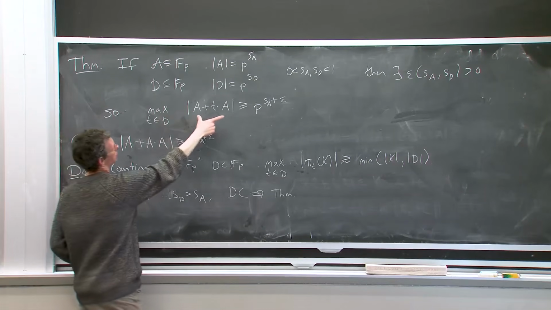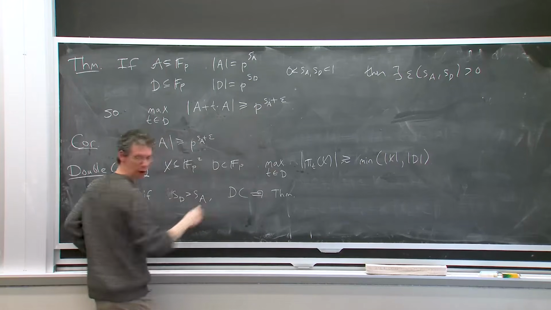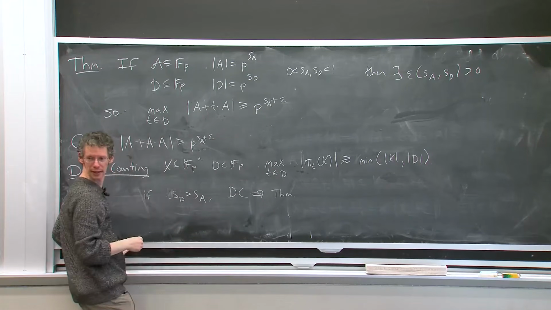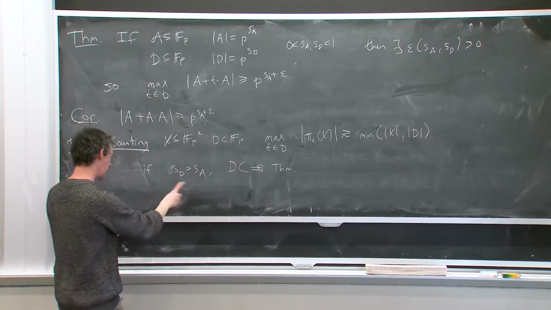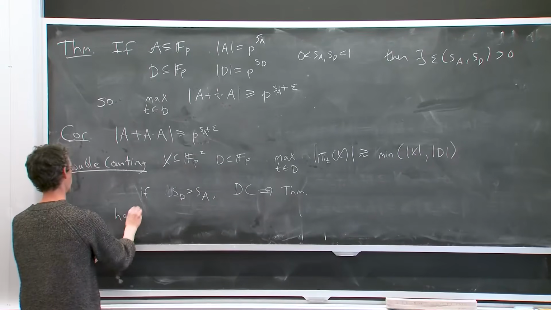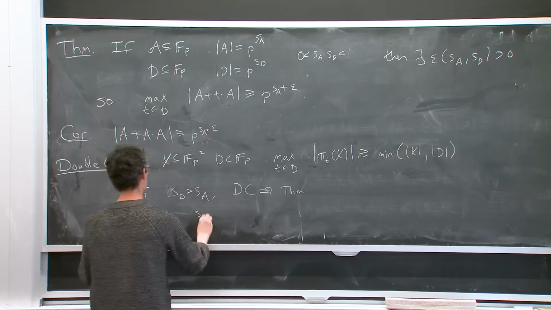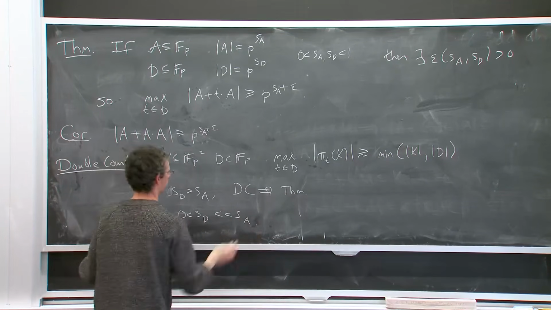Because then this maximum would be at least either p to the 2s_A, which is the size of our X, or p to the s_D, which is the size of D. By itself, that is worth noticing, but it's not that exciting. The hard case of our theorem is when s_D is far smaller than s_A, although it has to be positive.